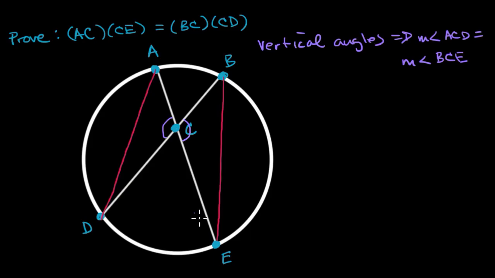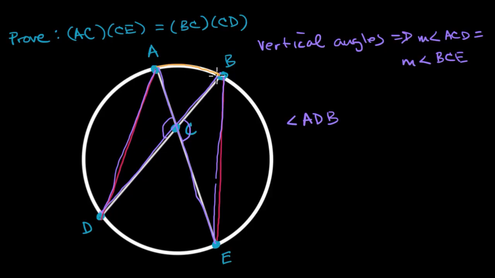Because if I have two equal angles, and frankly all of the angles are going to be equal, I'm definitely dealing with similar triangles. Well, there's several ways that we can tackle it, but one way is to see that angle ADB and angle AEB, they both intersect the same arc.